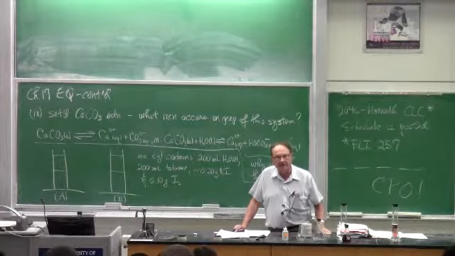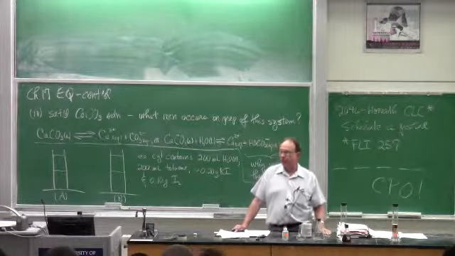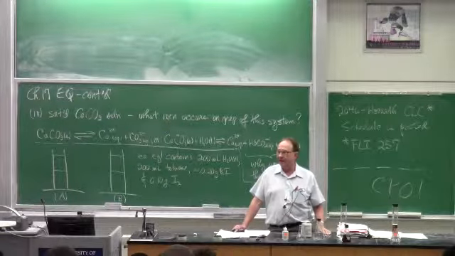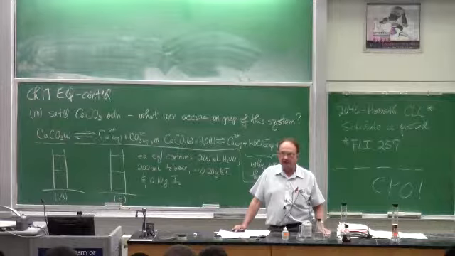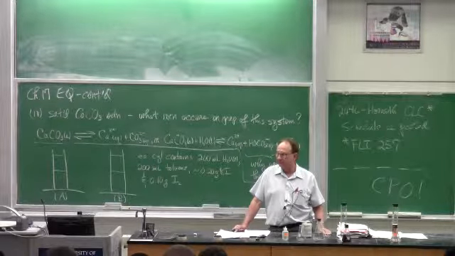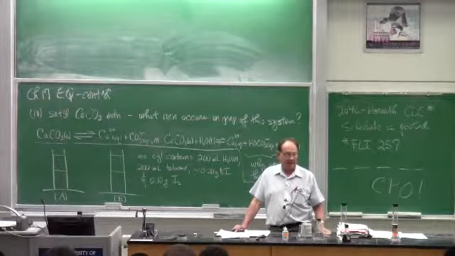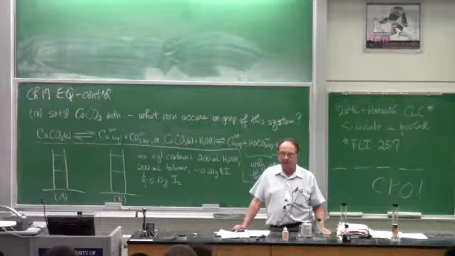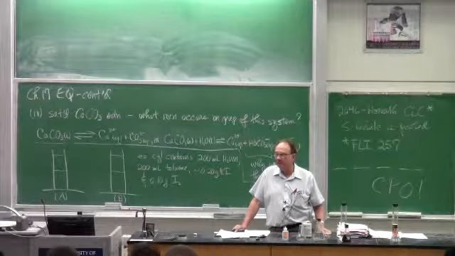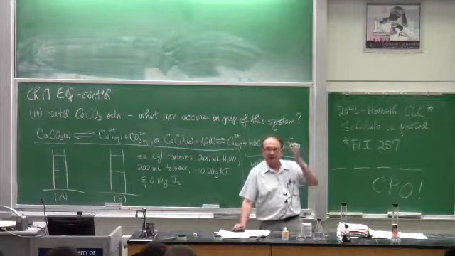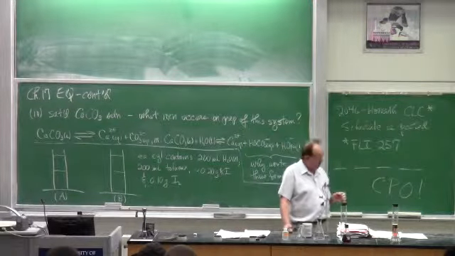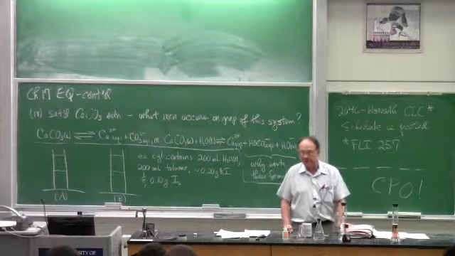Then we looked at some calcium chloride solution, recognized by observation that after we dissolved the calcium chloride, there was no solid remaining. Conclusion, no equilibrium involving solute because all the calcium chloride we added dissolved.